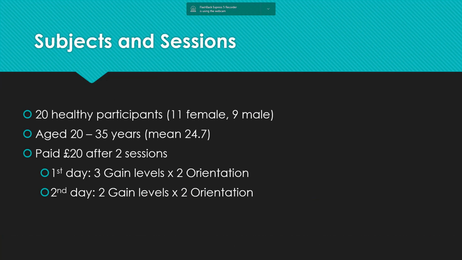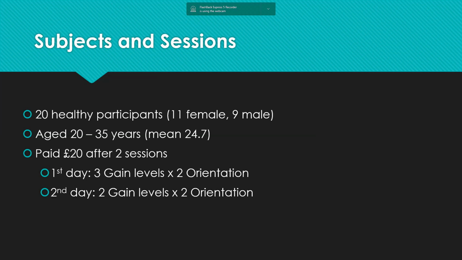So they had 20 healthy participants, 11 female and 9 male, between the ages of 20 and 35. They were paid £20 after 2 sessions. They divided the experiment into 2 sessions for each participant, because the participants have to move around, and they might get tired and maybe want to leave the experiment in between, and you don't want that.